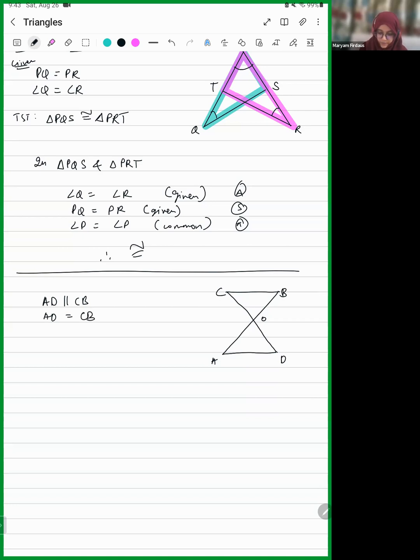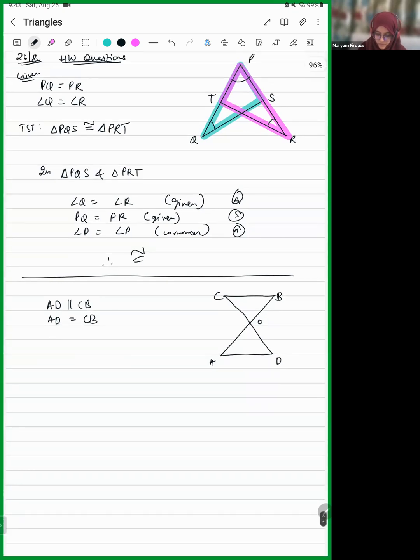What do we have to show? We have to show that O is the midpoint of AB and CD. So what does this mean in mathematical terms? In equational terms, what does this mean? That OC equals OD and OA equals OB. OC, which means this part, is equal to OD, this part. And to show that AO, which is this part, is equal to BO, which is this part.